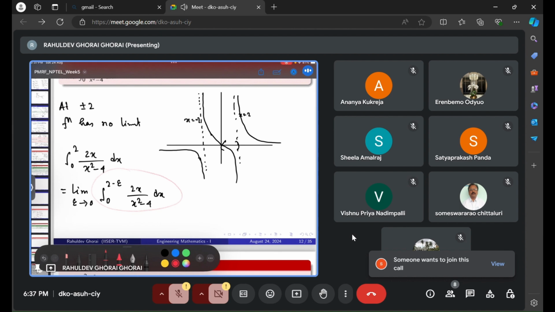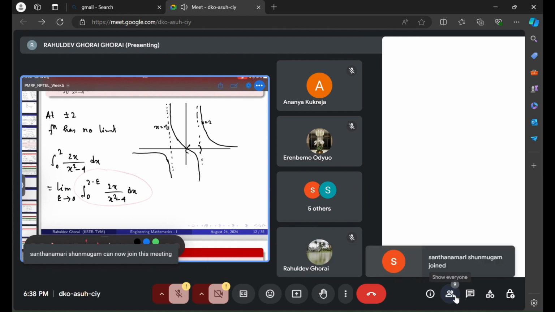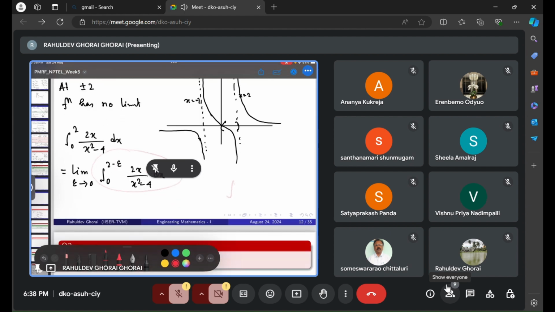You can just find out the integration, and once you can find it, then after that you can take the limit. From 0 to 2 it has an issue, but when you take 0 to 2 minus epsilon, this will be a proper integral, and this one was improper.